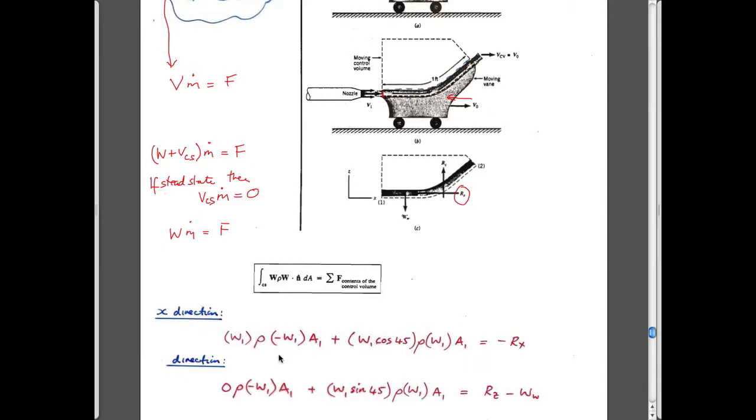And if you write the equations for the inlet, density times relative velocity times cross-sectional area, this is negative because it's going in, hence this term here. This is mass flow rate in. This is m1 dot. The mass out is this amount here. Density, velocity across the control surface times its area. This is m2 dot.